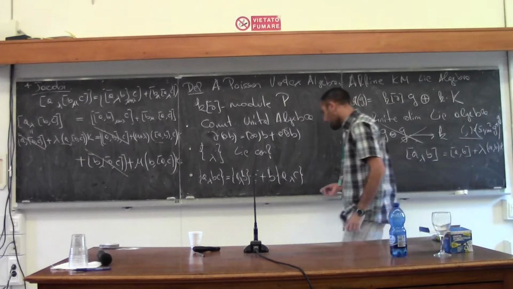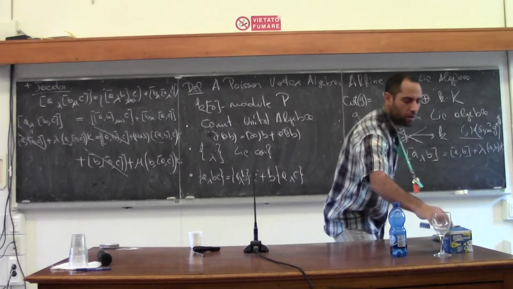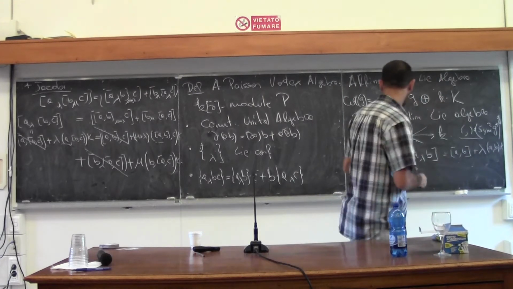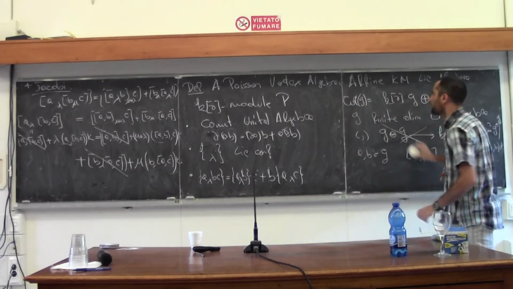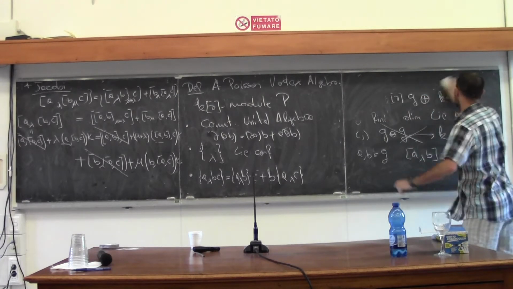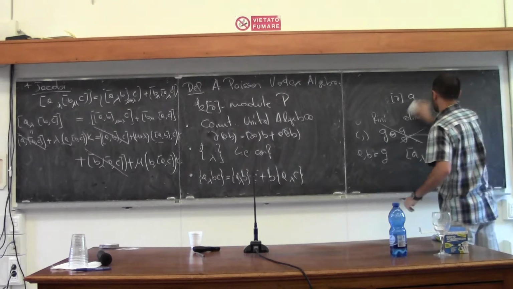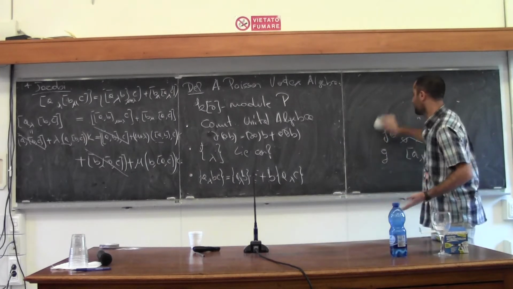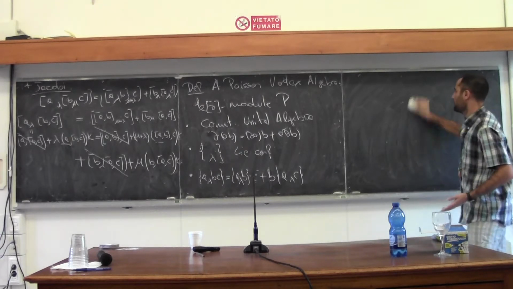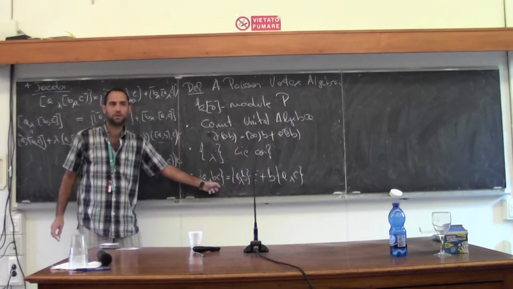But okay, so now I can go back to the finite dimensional world. Before doing so, let me answer your question at the Poisson level. Notice that Leibniz is still satisfied if I put lambda equal to 0. This is just the usual Leibniz.